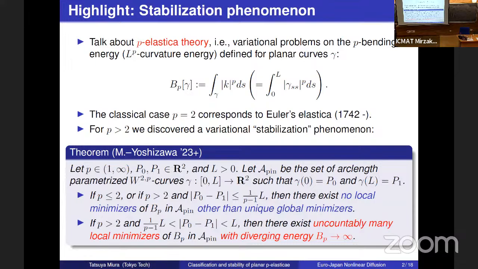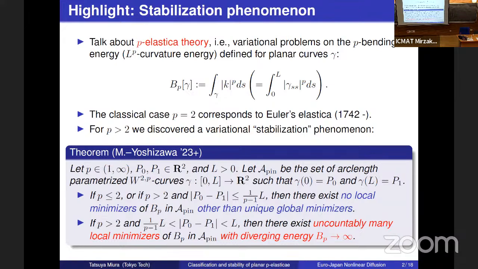And we consider the energy B_p(gamma), which is defined by just the L^p norm of the curvature of the curve. And if you use the arclength parameterization for the curve, then the energy is nothing but the L^p norm of the second derivative of the curve. Okay, so this is a very simple and important geometric energy.